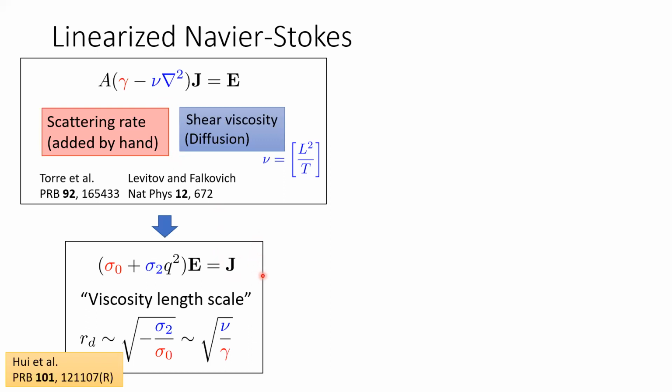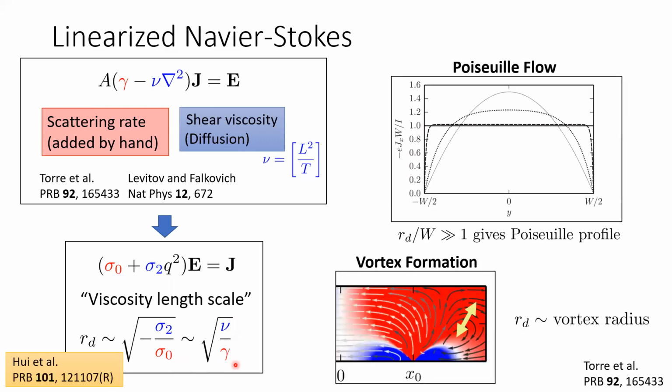If you look at these equations, you find that there's a natural length scale that emerges, namely what we call the viscosity length scale, R_D, given by the ratio of sigma 2 to sigma naught, or nu to gamma. It is precisely this length scale which tells you about the strength of viscous effects.